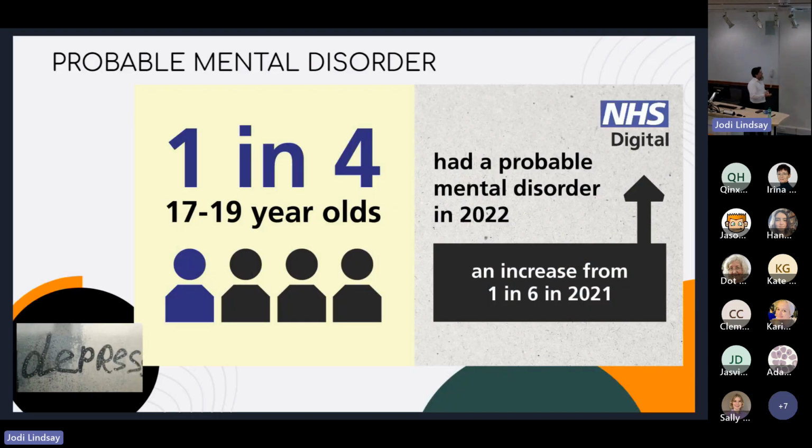According to the NHS, we now have 1 in 4 of the 17 to 19-year-old population with a probable mental disorder, and that is an increase from 1 in 6 just the year before. So it's a big jump. And what that means is that those people actually will be our first-year students in the next year.